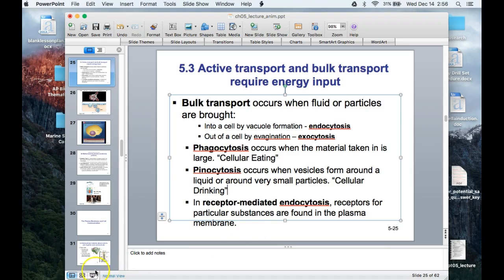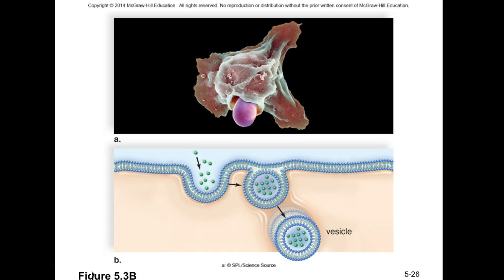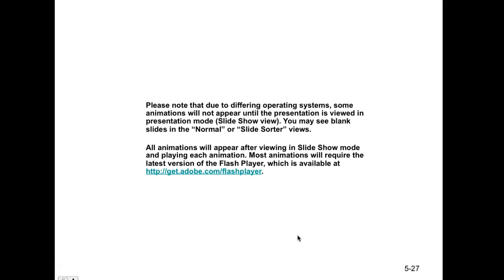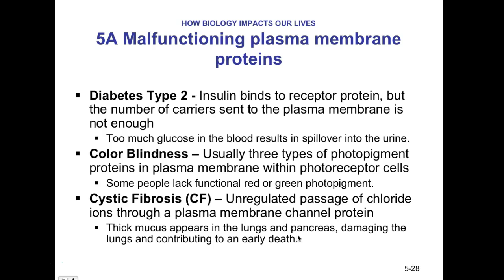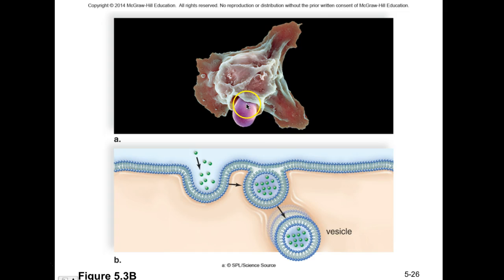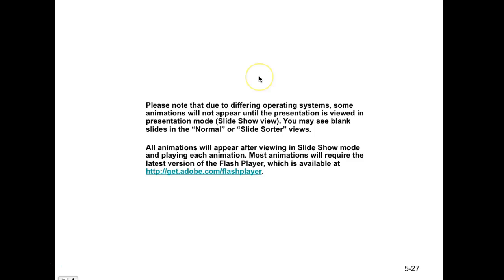And we'll look at that in class 2. So here you can see an example of endocytosis, where something is being brought into the cell. And up here would be exocytosis, where something is being pushed out of the cell.